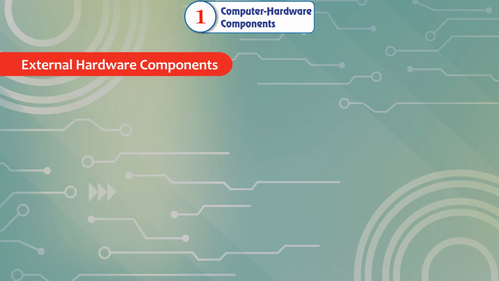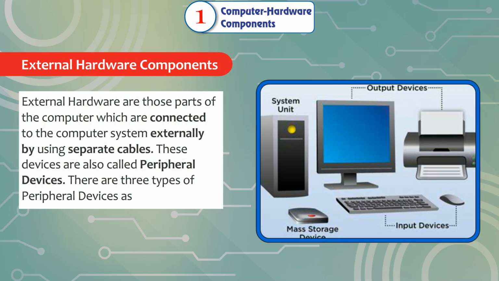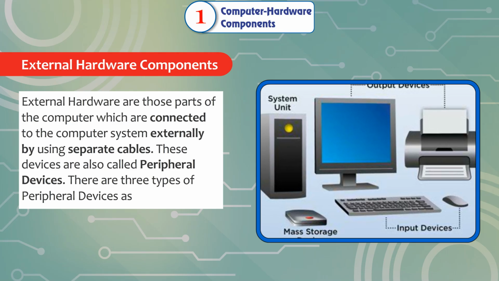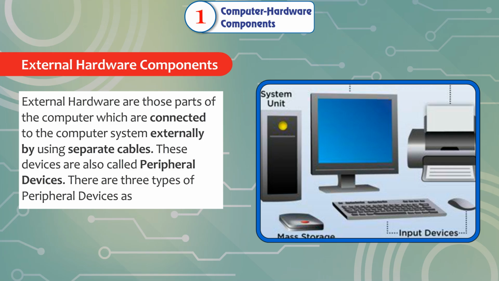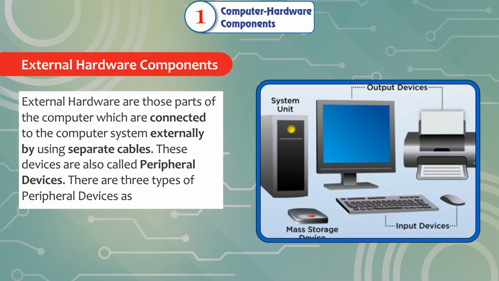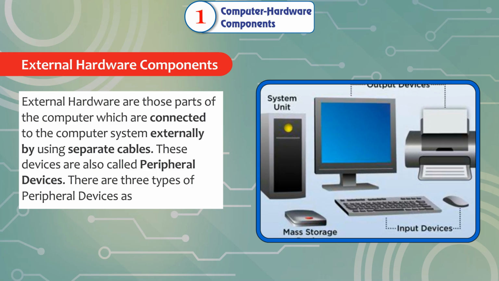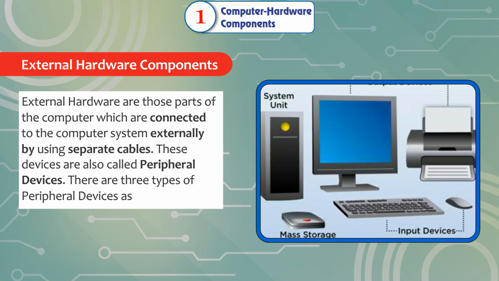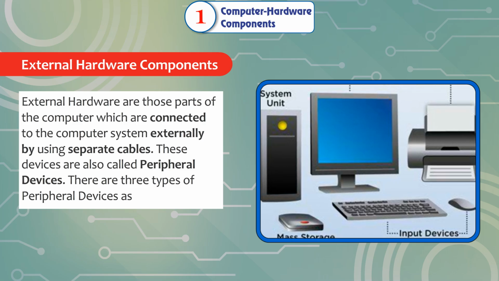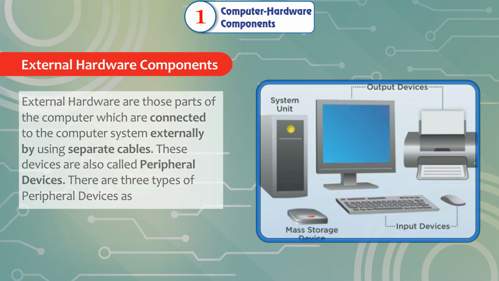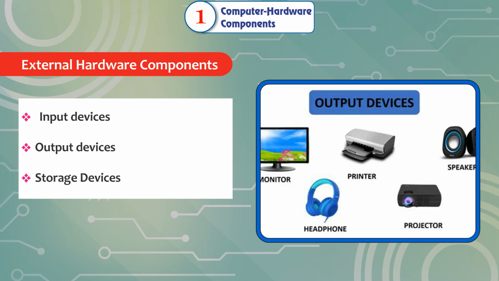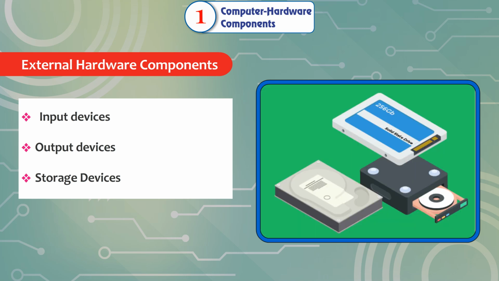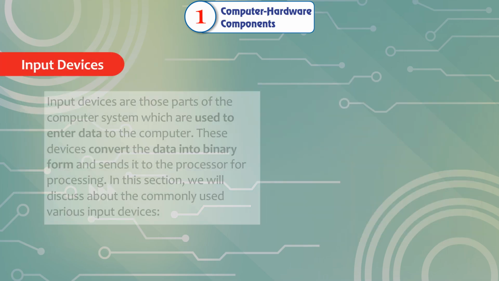External hardware components. External hardware are those parts of the computer which are connected to the computer system externally by using separate cables. These devices are also called peripheral devices. There are 3 types of peripheral devices: input devices, output devices, and storage devices.